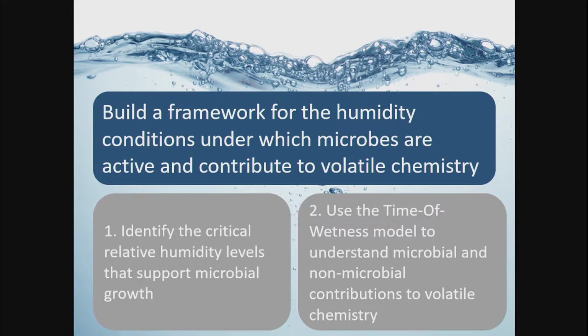One is to identify the critical relative humidity levels that support microbial growth. So this is a pretty basic question, but one that has important implications for building recommendations and building design. And the second agenda is to use the time of wetness model to really try to understand and isolate microbial and non-microbial contributions to volatile chemistry.